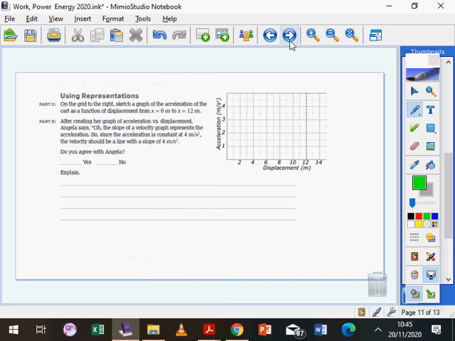Since the force is 4 newtons for those first 12 meters, and I know the mass of the object, I can calculate the acceleration and see that the acceleration is 4 meters per second squared. And that acceleration is constant over those 12 meters.